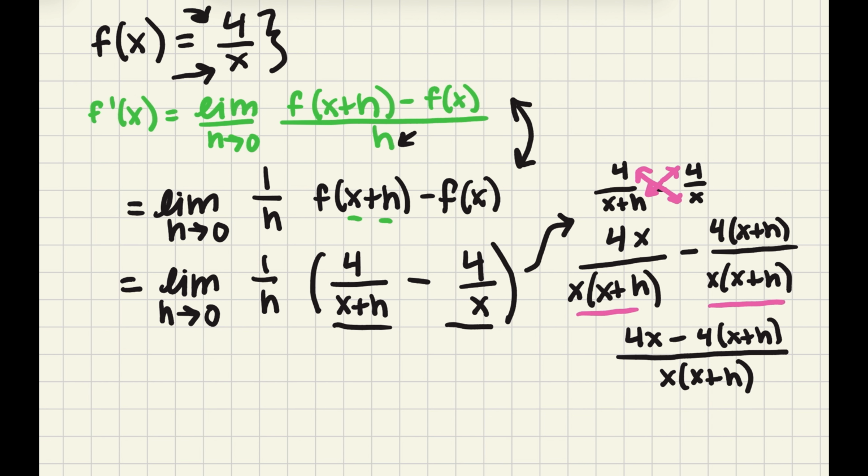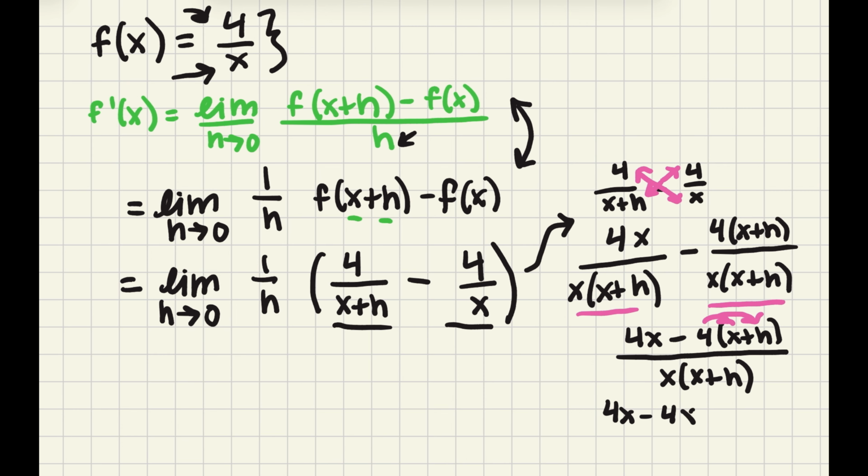Okay, so we're going to go ahead and distribute this 4 a bit more, turn it into 4x and 4h. So that's going to look like 4x minus 4x plus, oh, sorry, not plus. It's actually going to be minus.